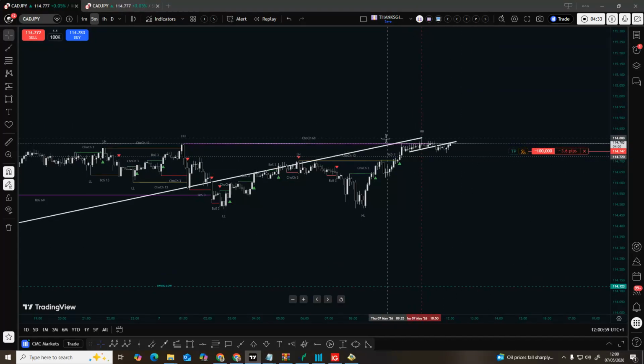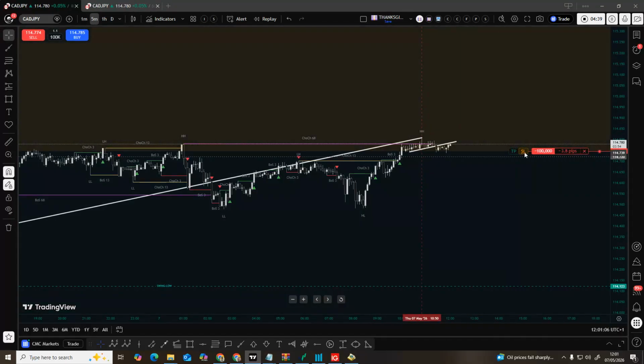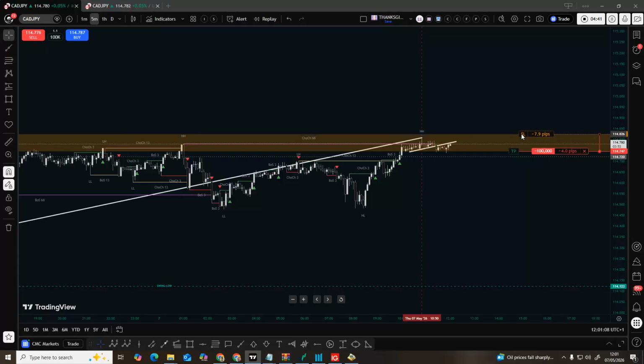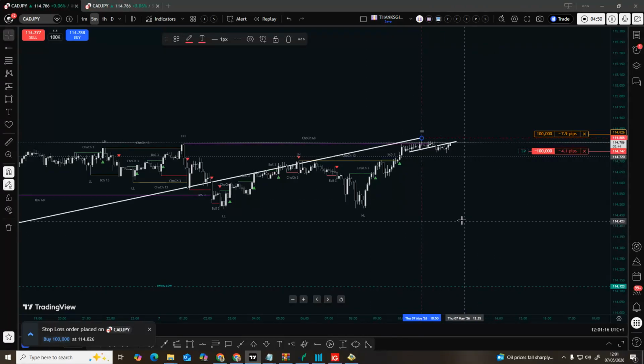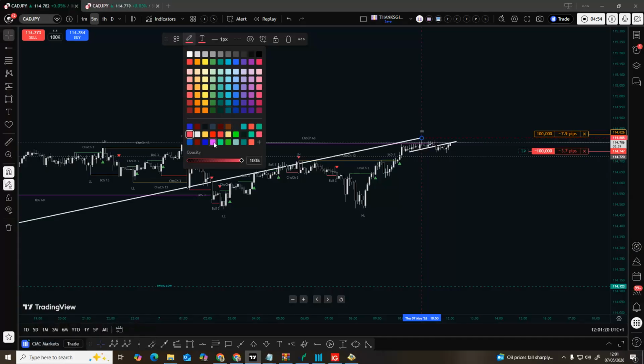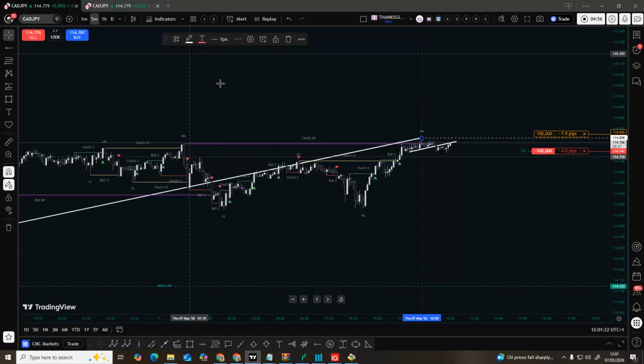What I'm going to do is use this high as a stop loss. So that will be my stop loss on 1480.